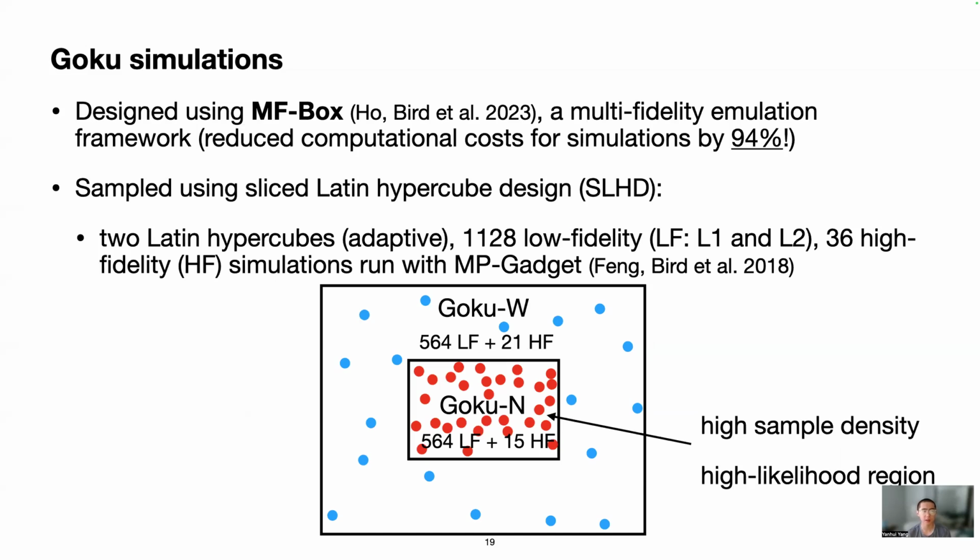Specifically, we have two Latin hypercubes, GokuW and GokuN, with wide and narrow ranges respectively. GokuN has a higher sample density in a high likelihood region. We have 1128 low fidelity simulation pairs and 36 high fidelity simulations in total.